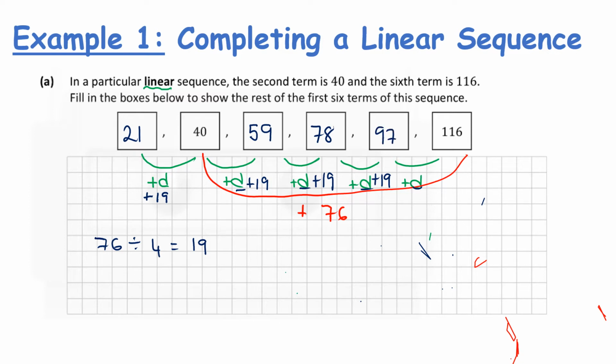And if we do 97 plus 19, we end up at 116, so we know that everything has gone right. So it's not necessary to have the first term. We might be given a term in the middle, and also if they give us two terms, knowing that it's a linear or an arithmetic sequence allows us to figure out that rule or what that common difference is.